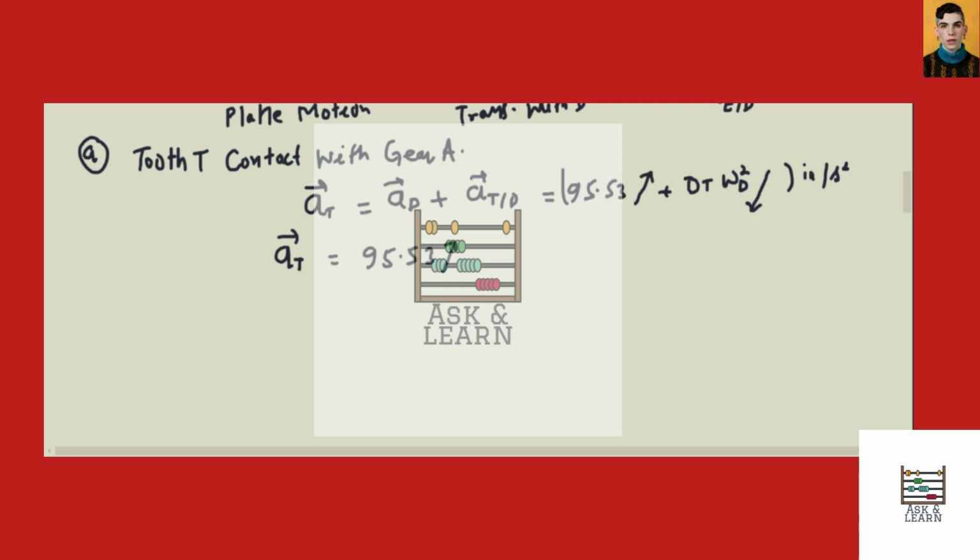This is D, so DT is 3 inch into 7.854 whole square inch per second square.